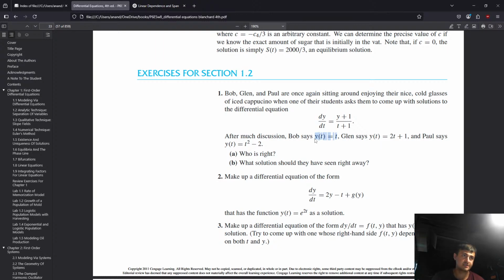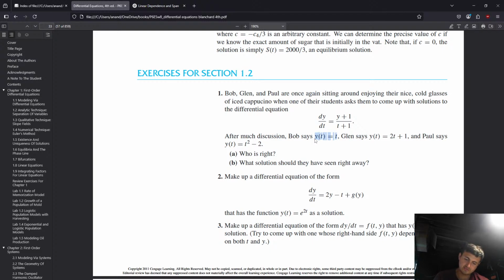Okay, and Paul says y of t is equal to t squared minus 2, which is t minus square root of 2 times t plus square root of 2, right? That's just factoring it. But let's first do this. We get y, t squared minus 2 plus 1 is equal to t squared minus 1, which is t plus 1 times t minus 1.